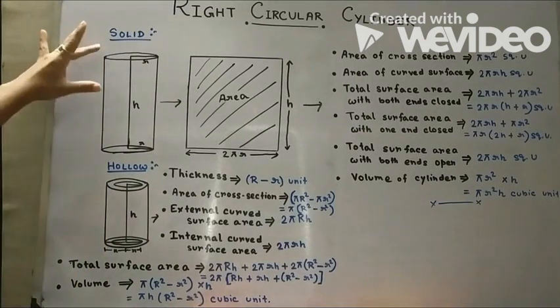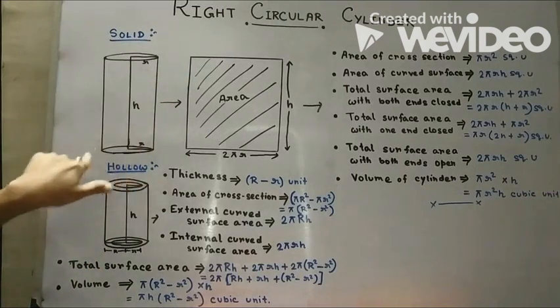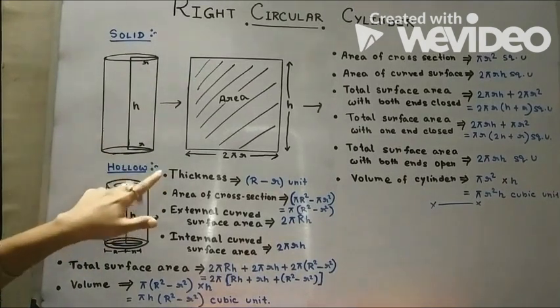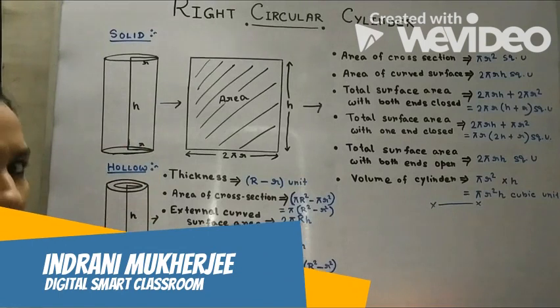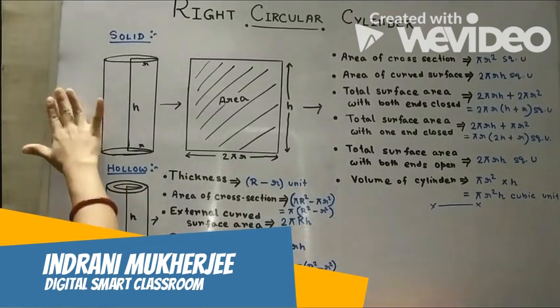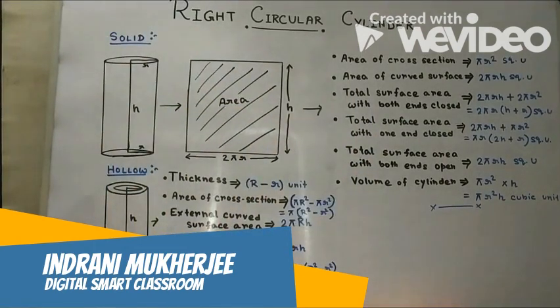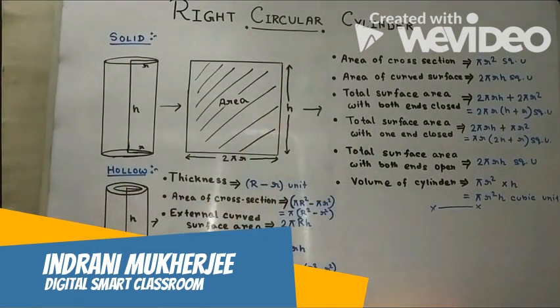This circle has radius r, therefore the other circle or the other surface will have the same radius, that is r.